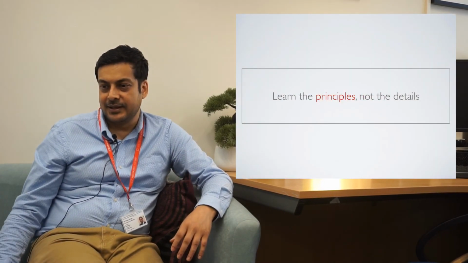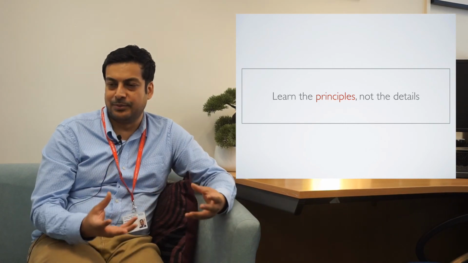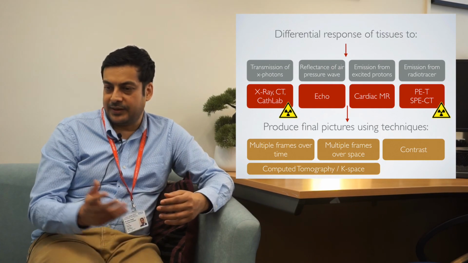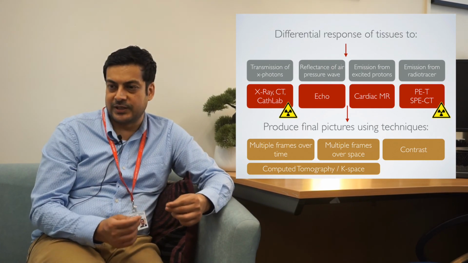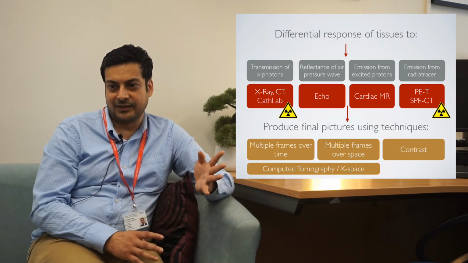So we've done lots of technical terms, lots of acronyms. I think the important thing is it's the principles rather than the details. The details you can always look up at any time should you need to, but it's the principles. So if we look at this last slide, cardiac imaging works by the differential response of tissues to one of four things.